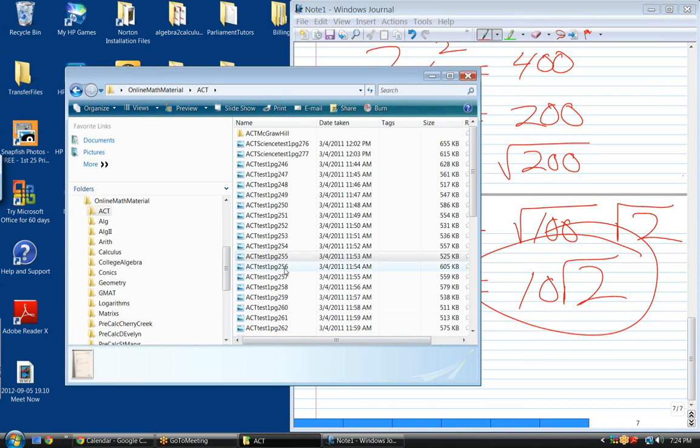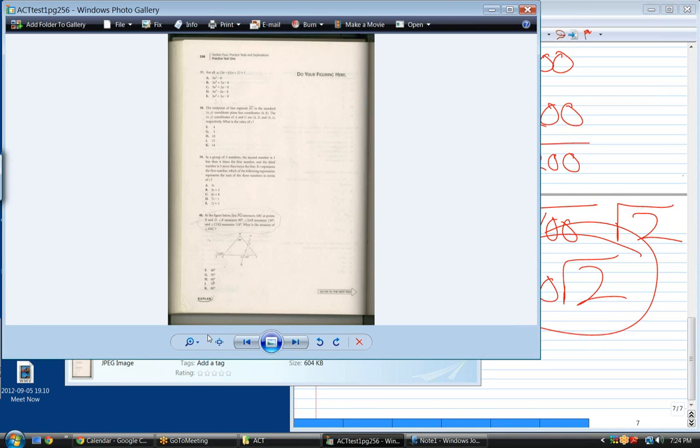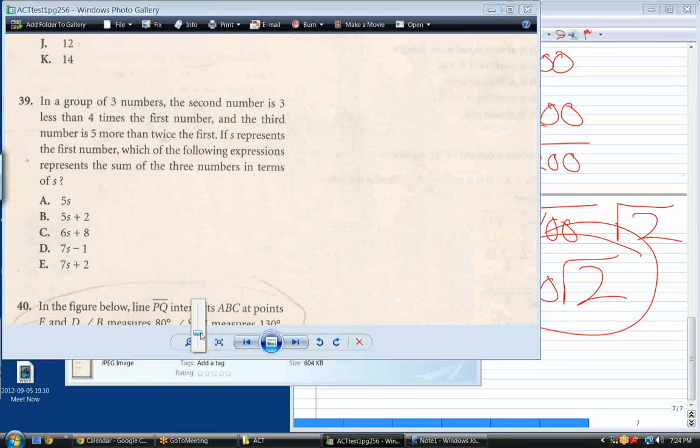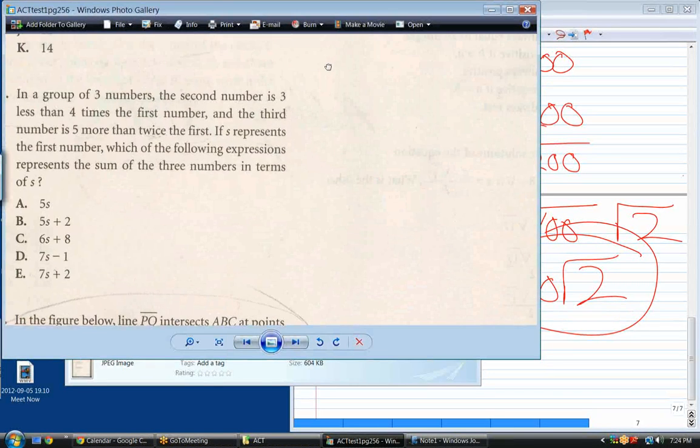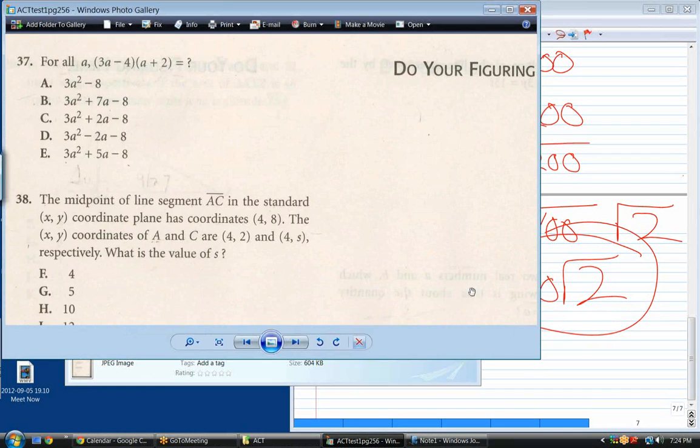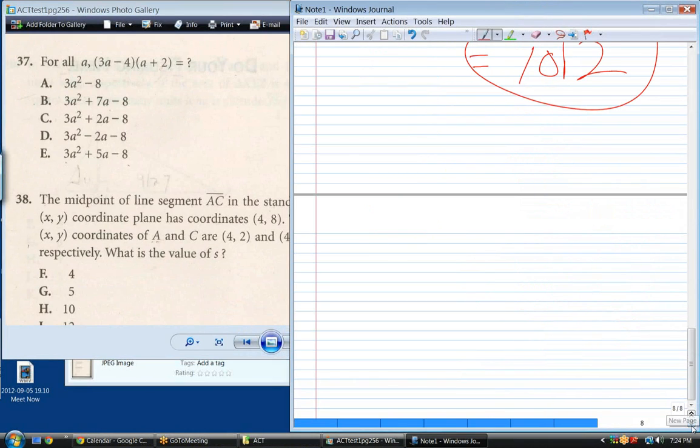256. Okay, what is 3a minus 4 times a plus 2?